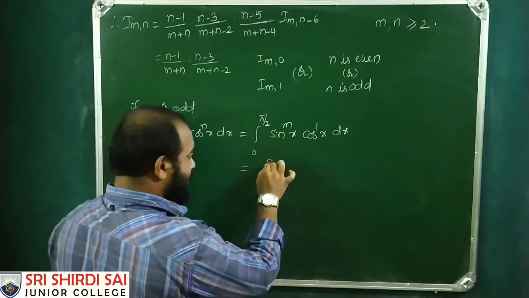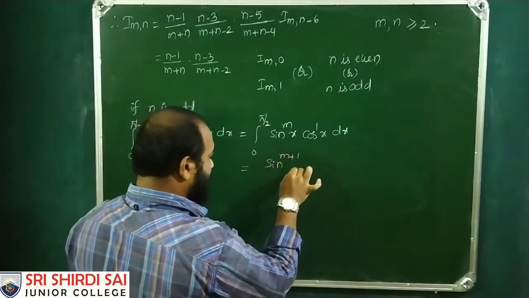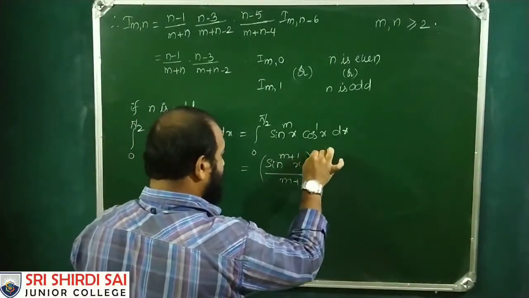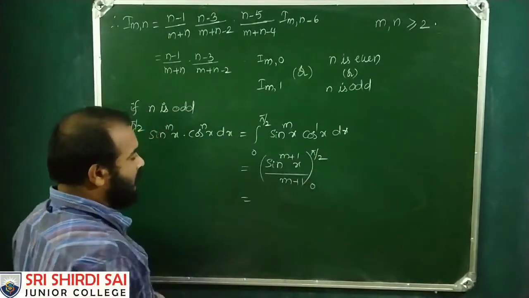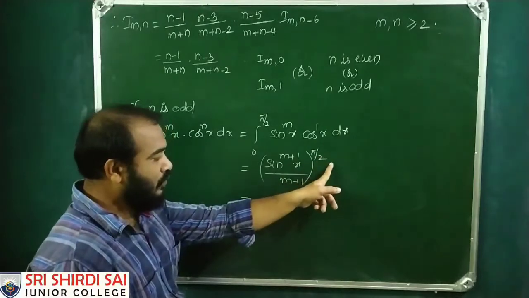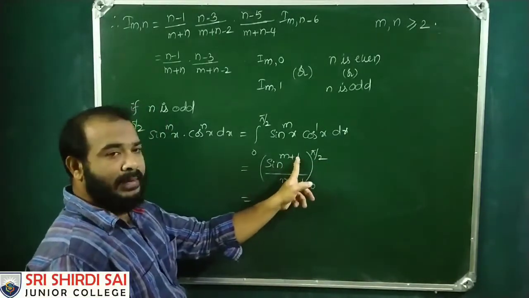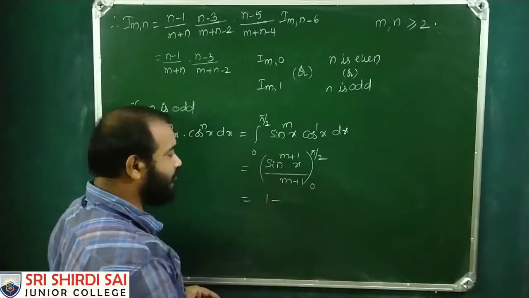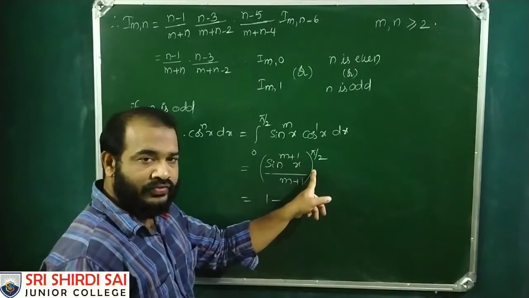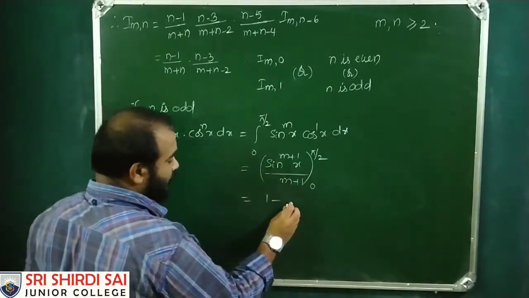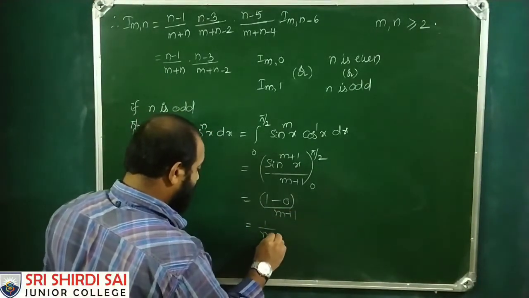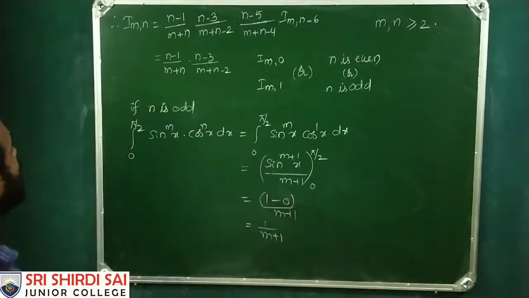So this is sin^(m+1) x/(m+1) from 0 to pi/2. Substituting the limits, sin 90 is 1, so 1^(m+1) minus sin^(m+1) 0 = 0, giving 1/(m+1).